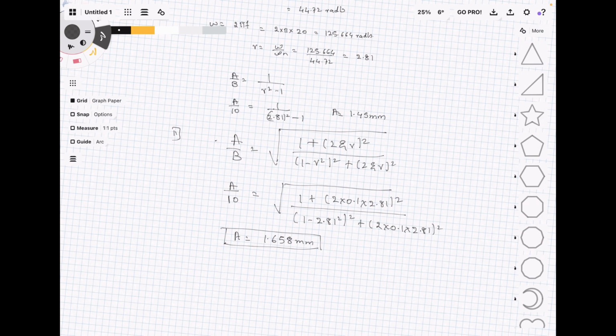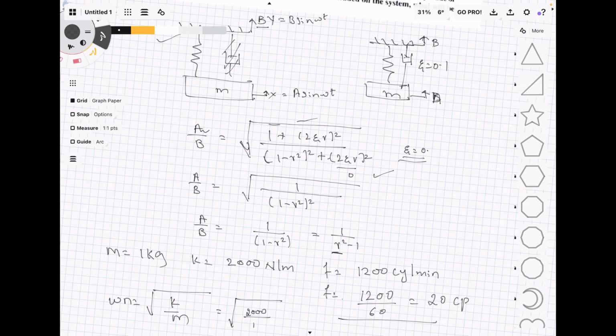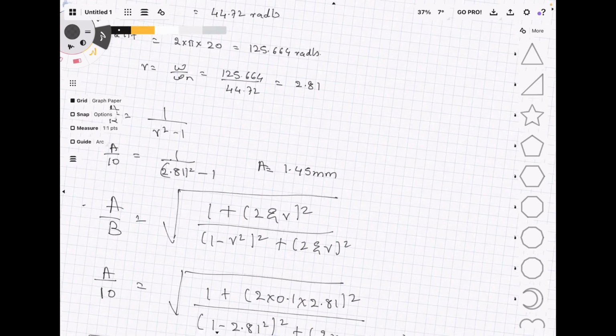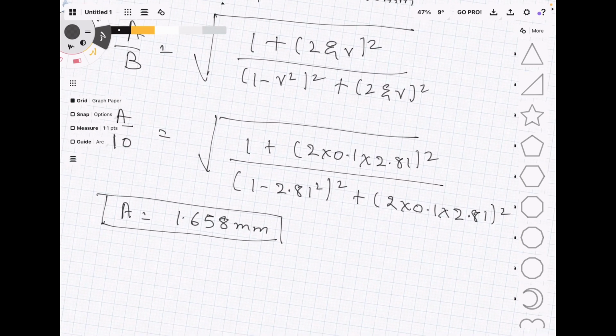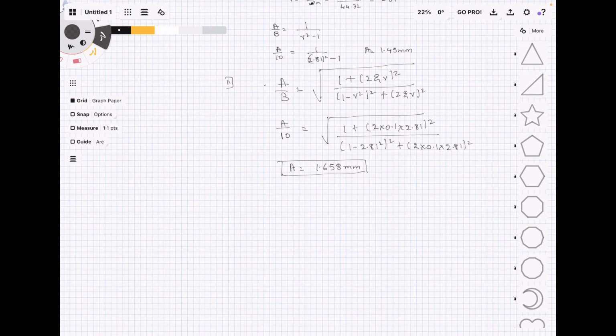This is the typical problem where we'll be using the support motion or the motion transmissibility formula. Here the only difference is there was no damping initially, and in the later case there is a damping of 0.1. So you will be getting this particular solution. So this will be the second problem.